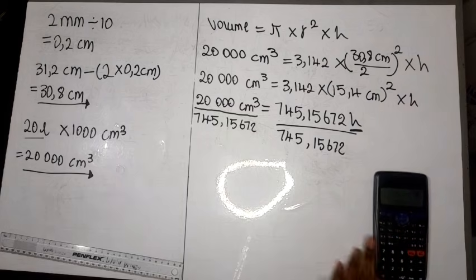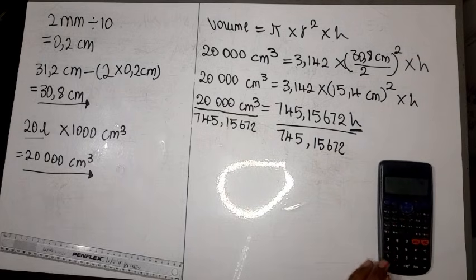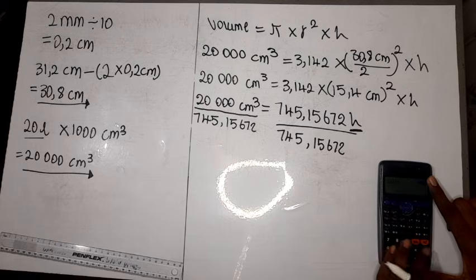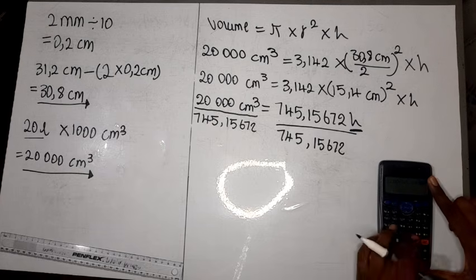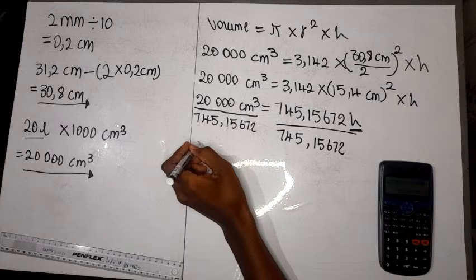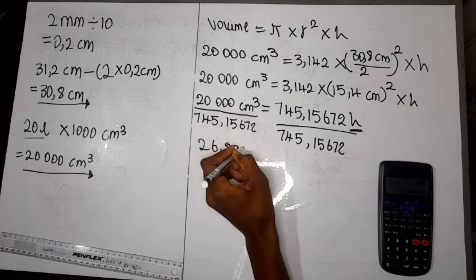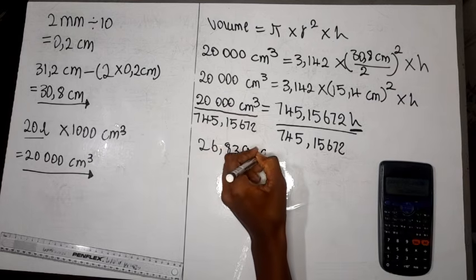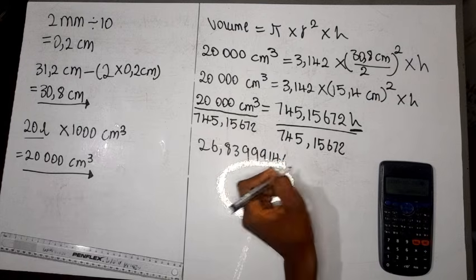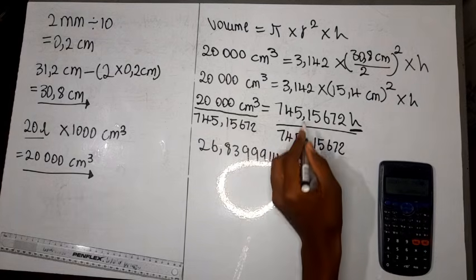So we're going to divide 20,000. We're going to click this on the calculator. It's 20,000 divided by 745.15672. That gives us 26.83999146 equals to this one divided by this one.